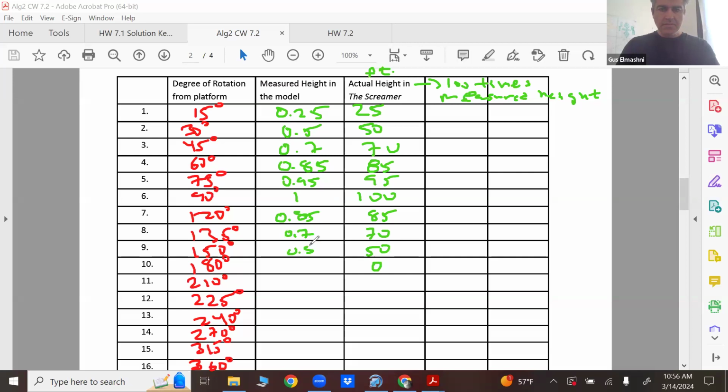Double check the 90. The 90 should be 1. Go, go, go. At least try to get up to 150 or 180. I'll help you with the last few. 1.0, so 90 has to be in this one.